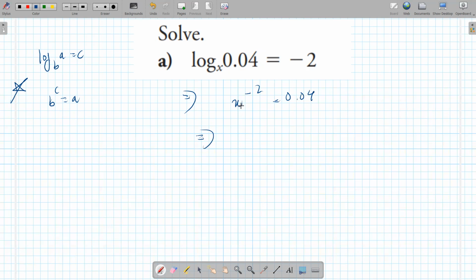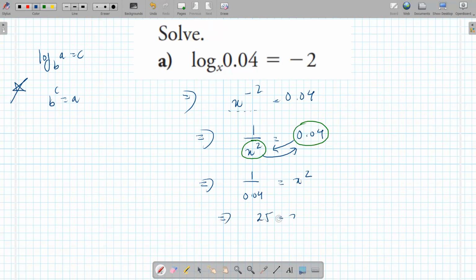This is what you do. When the exponent is negative, you want to throw it in the denominator, make it positive. And next, you want to swap positions because you're trying to solve for x. x is in the denominator. You want to move x over here and move this over here. 1 over 0.04 is 25 equals x squared. What's x?